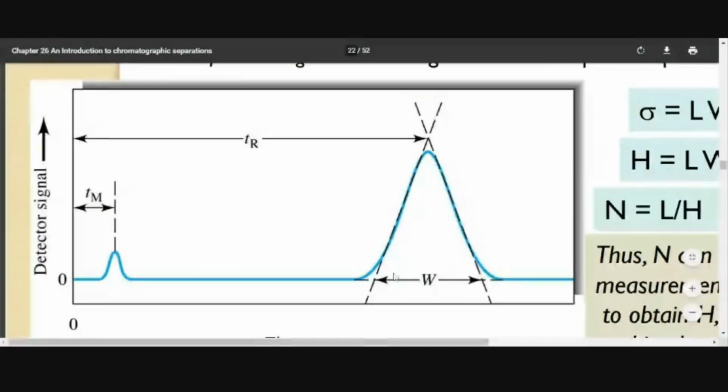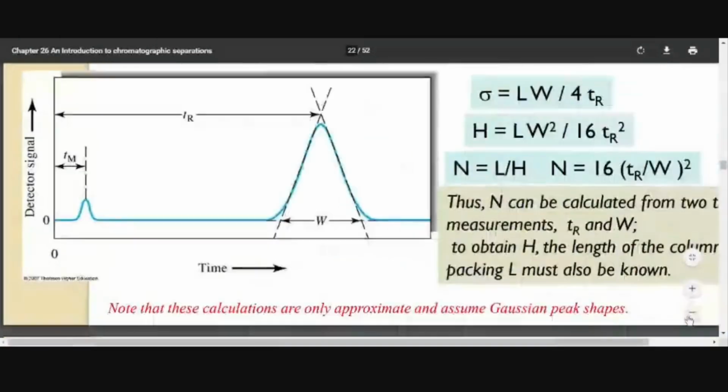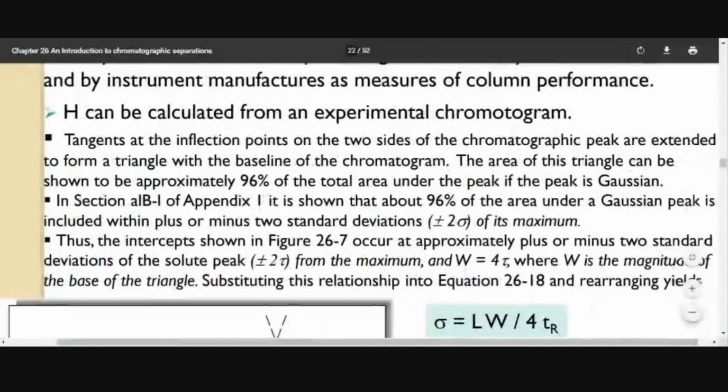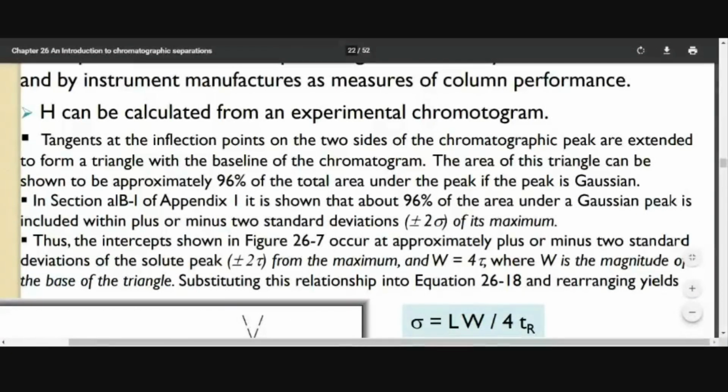If you have understood that, I hope the further discussion will be easier. I will read out some part from the slide. The tangents at the inflection points on the two sides of the chromatographic peak are extended to form a triangle.